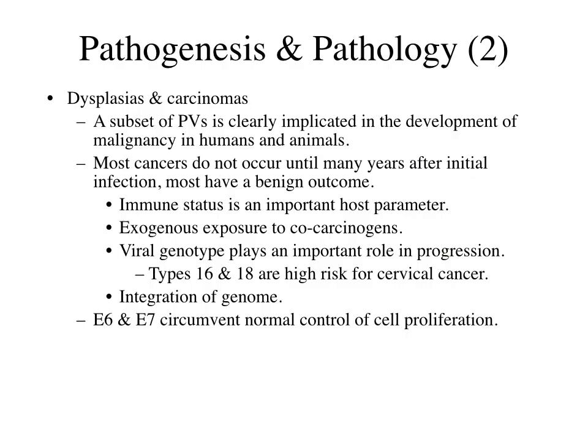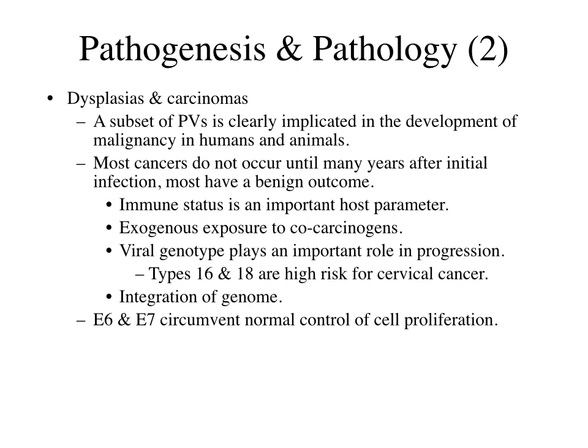So with certain types of HPVs, you can have dysplasias and carcinomas resulting. Most of the time, these cancers don't occur until many years after the initial infection. The immune status of the individual plays an important role.